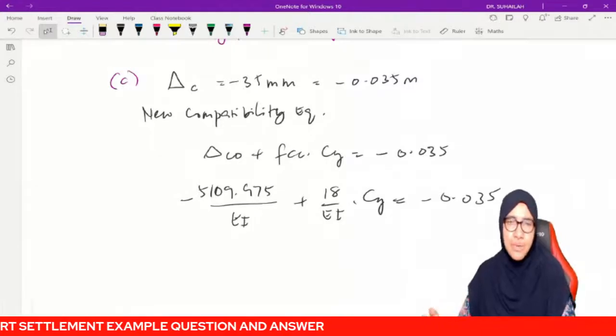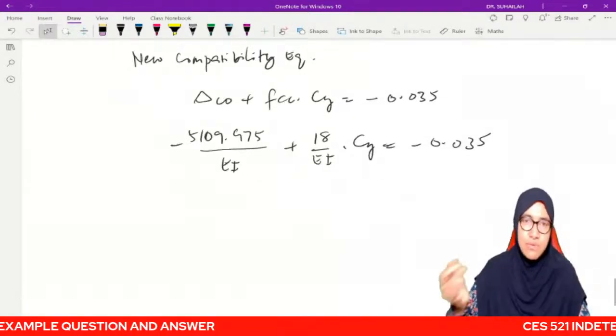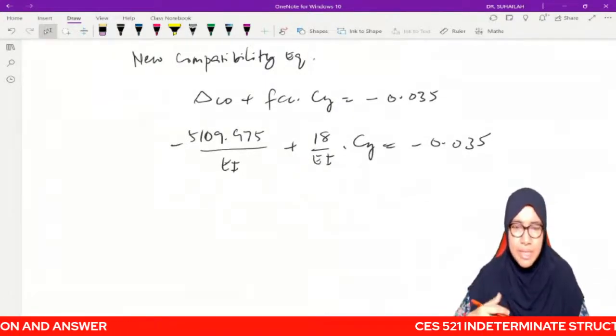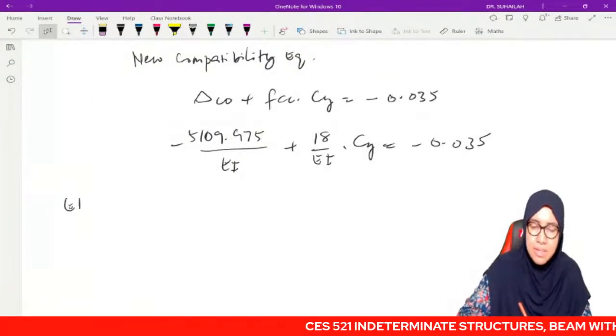Given in the question is the EI value, so we substitute it into this. EI is 100,000.